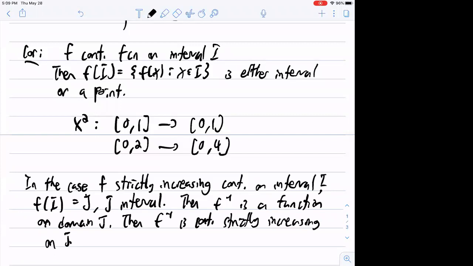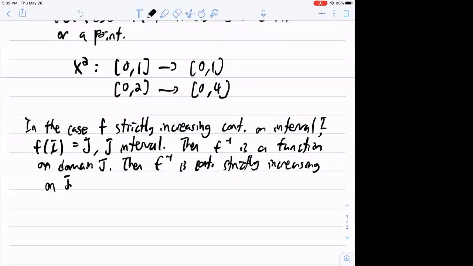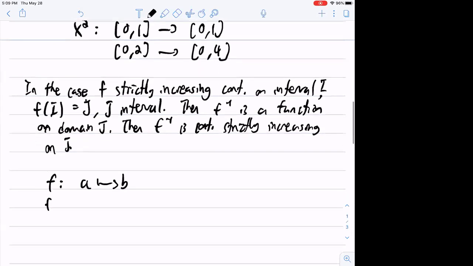So question here, why do we need f strictly increasing? What goes wrong if it's not strictly increasing? So again, let me just review. If a function f maps a to b, the inverse maps b to a. That's what the inverse does. So what happens if you're not strictly increasing? What's the difference between increasing and strictly increasing?